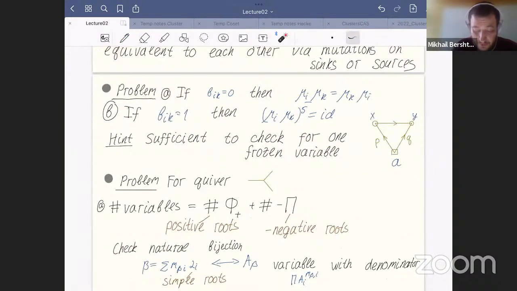For example, one can prove that whatever the frozen variables are, if you have two vertices i and k connected by just one arrow, then the product of these two mutations, mu i mu k, in power 5 is identity. Or if you just compute mu i, mu k, mu i, mu k, mu i, you just reverse x and y.